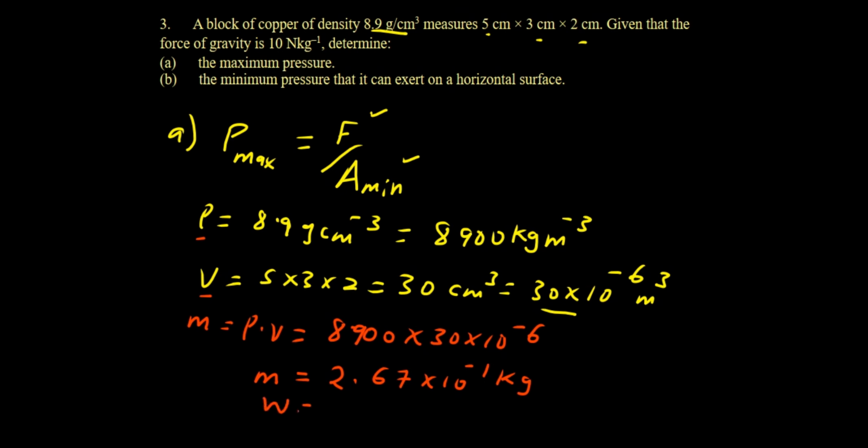Now the weight will be mass times gravity. So just take that mass, 2.67 times 10 to the power of -1 multiplied by 10. So the weight will be 2.67, because 10 to the power of -1 multiplied by 10 will cancel out.